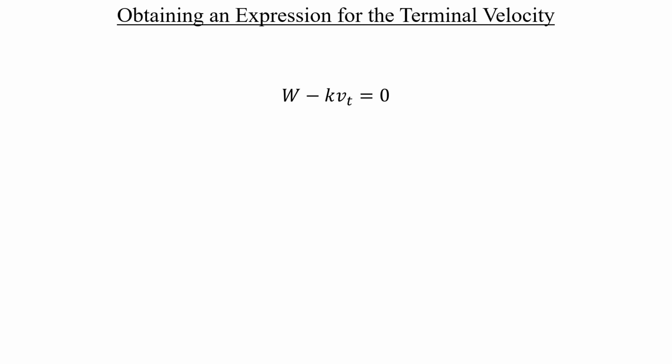Our speed doesn't change. Let's begin by exchanging the weight with mg first. Then we'll take the kv sub t term and move that over to the right-hand side. If we divide both sides by k, well, now we have what we were looking for. Keep this in mind as we proceed to the next page.